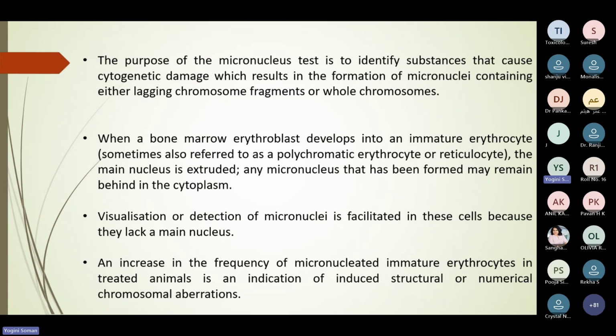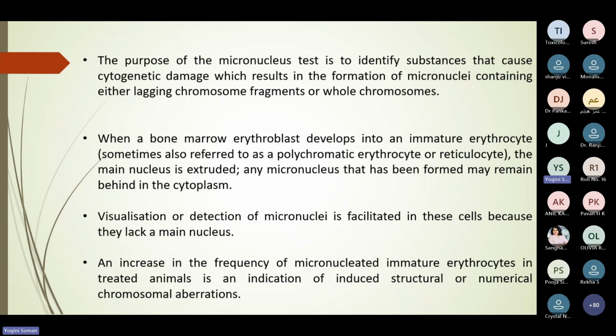When a bone marrow erythroblast develops into an immature erythrocyte, which we refer to as a PCE or polychromatic erythrocyte, the main nucleus is extruded, and any micronucleus that has been formed may remain behind in the cytoplasm. So, detection of that micronuclei is facilitated in these cells because they lack a main nucleus.